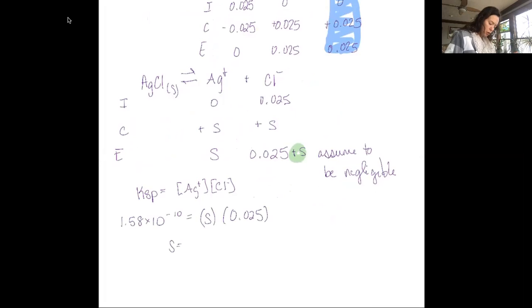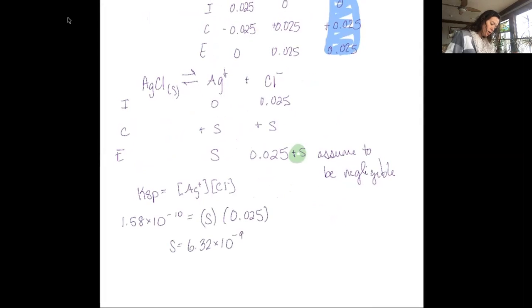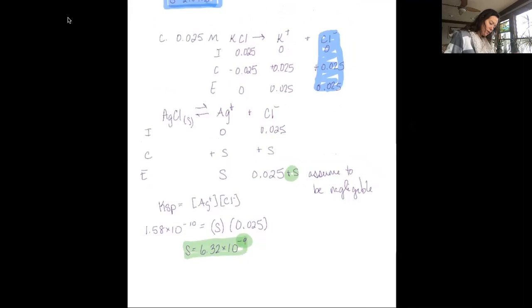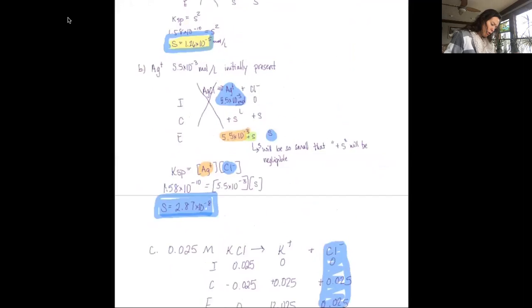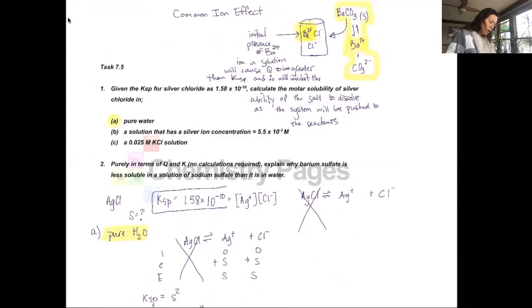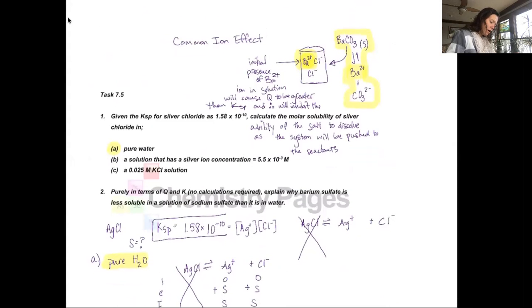That will be our molar solubility of the silver chloride within a solution that has a common ion. Please notice that once again, my solubility is in the negative 9, whereas in pure water, the solubility was at negative 5. So the presence of the common ion in the solution minimizes the percent dissociation, because let's look at number 2.